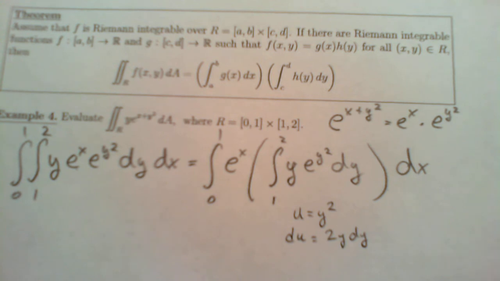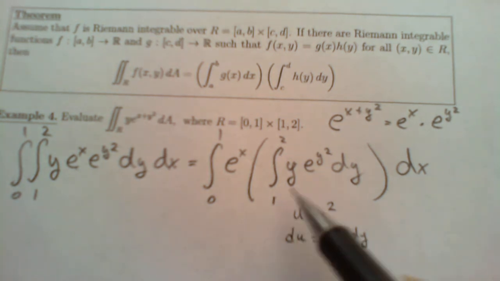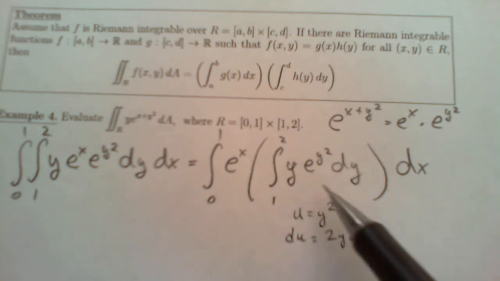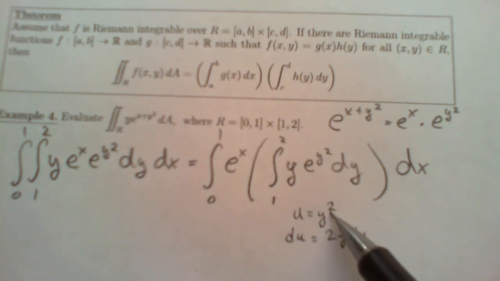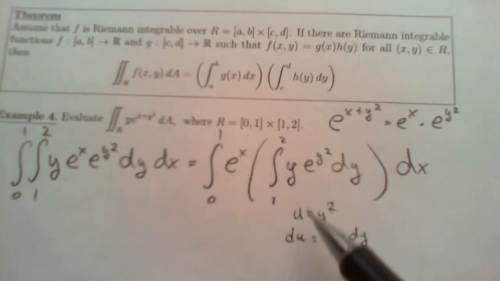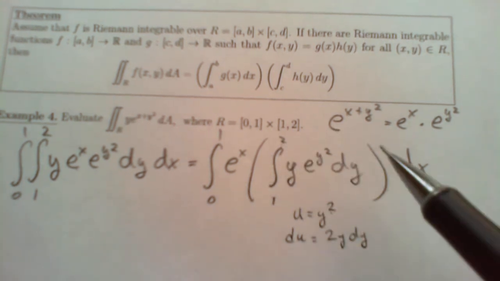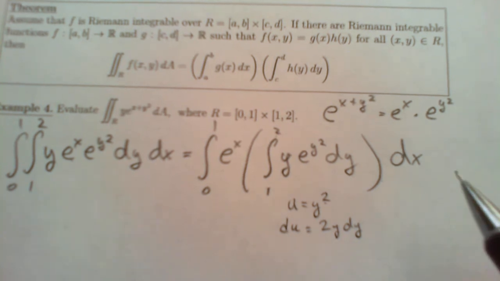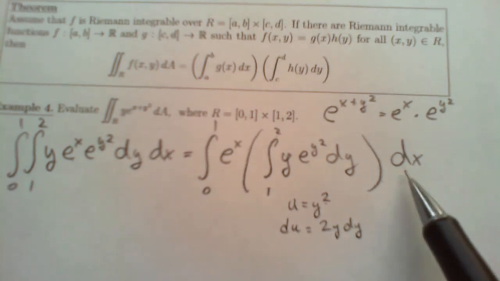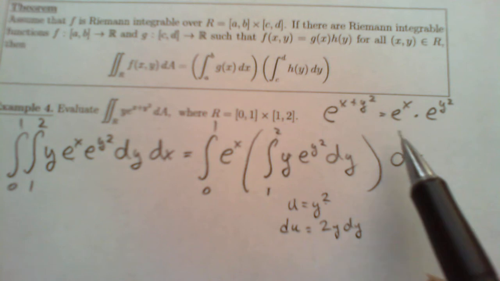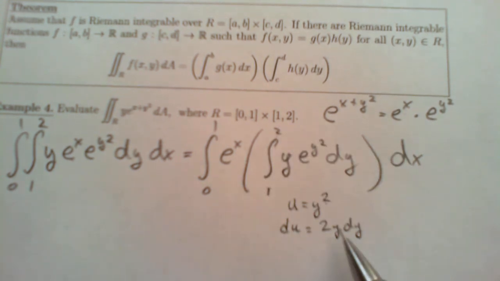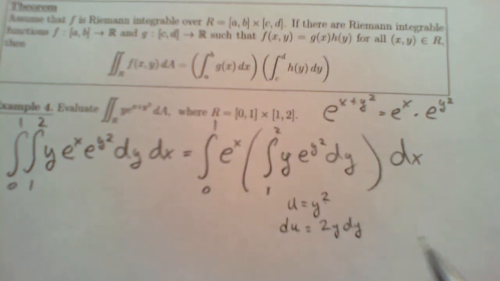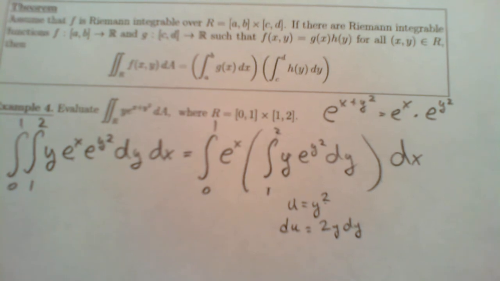You'll finish this thing off. Maybe we'll do it right now. If I'm about to do this, the limits of integration are going to change. Whenever y is 1, u is going to be 1. Whenever y is 2, u is going to be 4. Now no matter what happens, there are not going to be any x's left, so this is going to produce just a number.